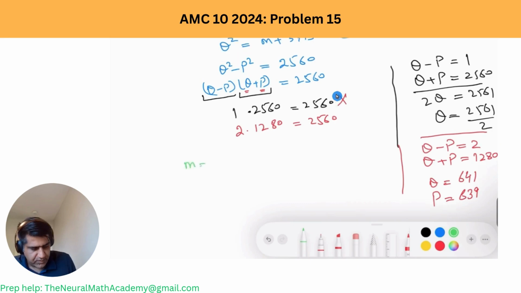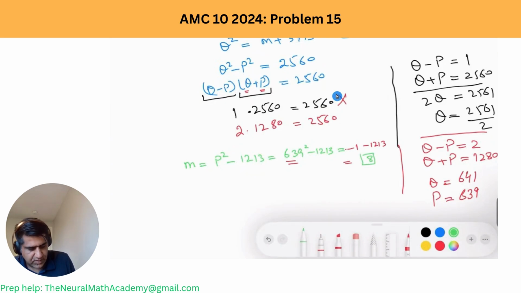So now if I plug in p square, that is 639 square minus 1213. So now I don't need to solve this full square. All I know is that the unit digit for 9 squared is going to be 1, right? And there will be something before this. And minus 1213 I have. So then the unit digit that I will get will be 8, right?